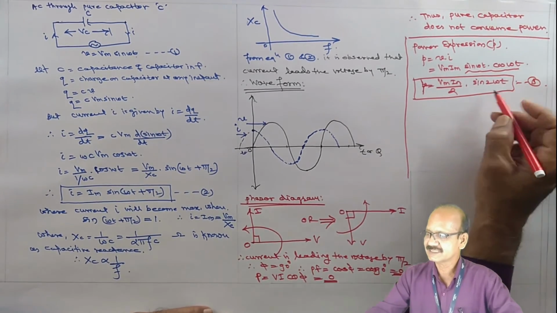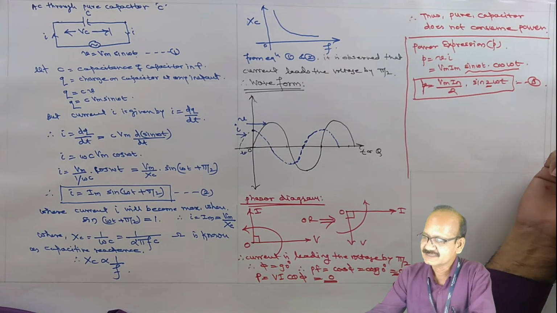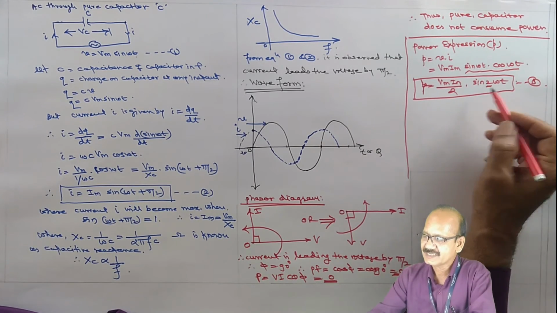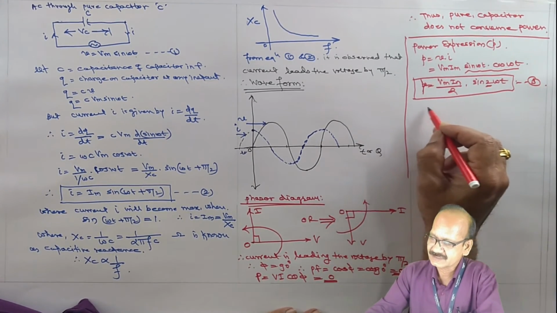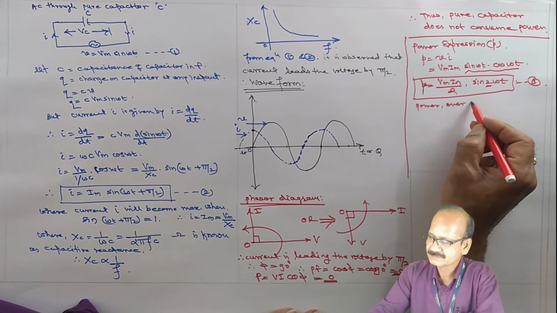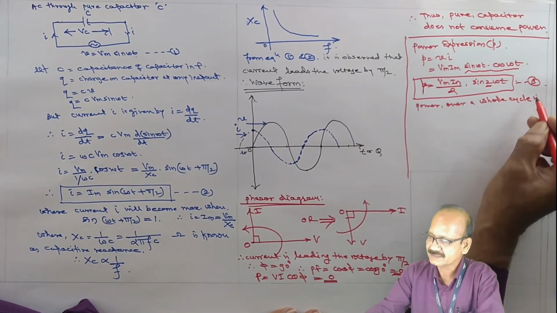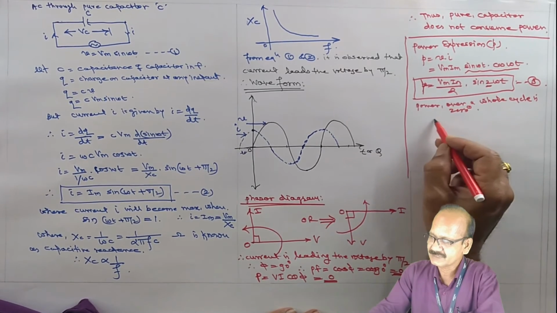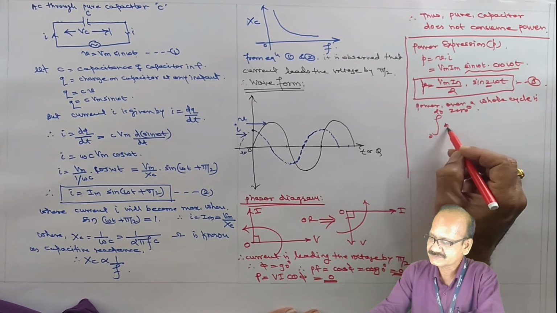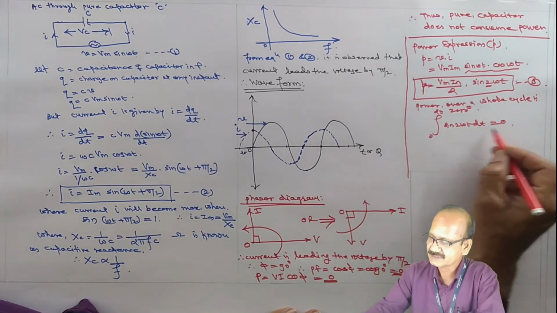Now from this expression for power, it is observed that the power waveform has double the frequency of the voltage and current, and the power over a complete cycle is 0, because the integration from 0 to 2 pi of sin 2 omega t dt equals 0.